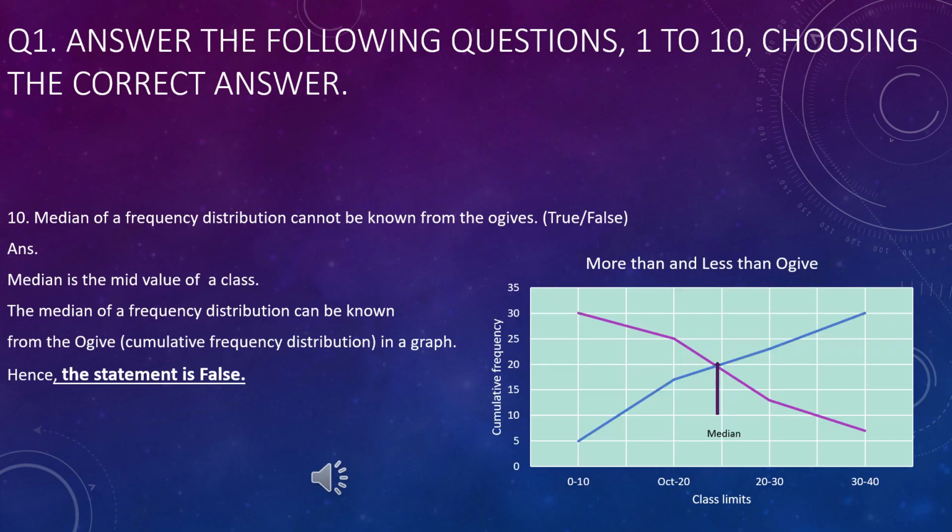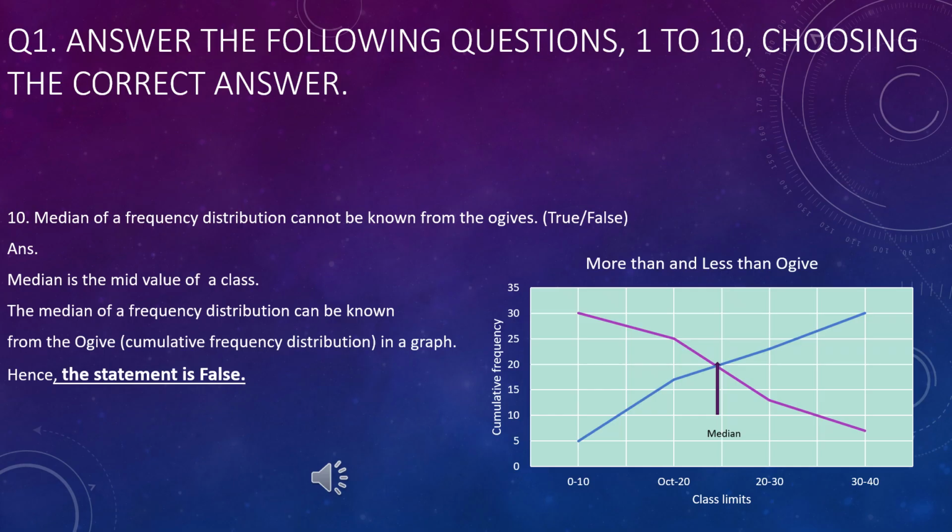Now we come to the next and the last question, which is question number 10. Median of a frequency distribution cannot be known from the ogives. Is it true or false? So the answer will be, we know that the median is the middle value or the midpoint of a class. The median, or the middle value of the class of a frequency distribution, can be known from the ogive. And the ogive, we know, is drawn according to the cumulative frequency distribution in a graph.